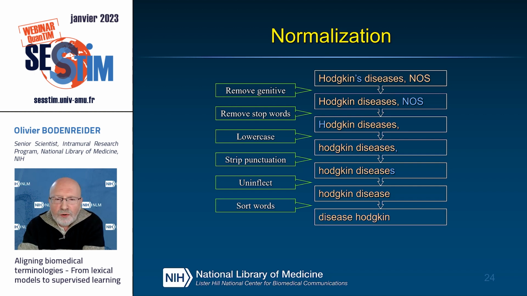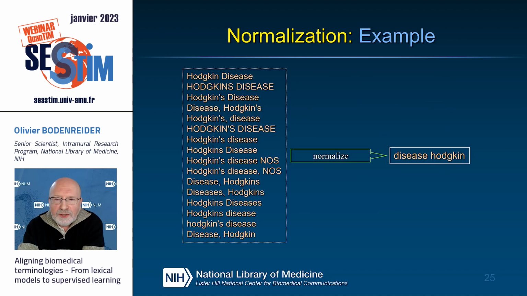And we sort the words in alphabetical order, which essentially leads us to the normal form, disease, Hodgkin, all lowercase. And when we do this, not only the term that we started with normalizes this way, but all these terms on the left-hand side normalize exactly the same way. It's a very simple example here, but you can start seeing the power of normalization when it comes to grouping terms together.